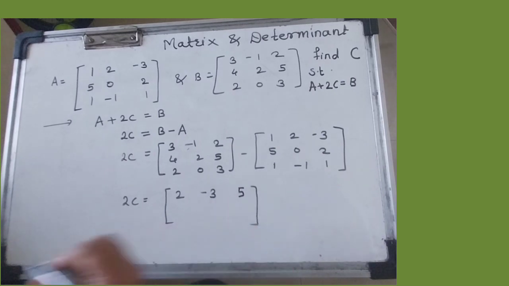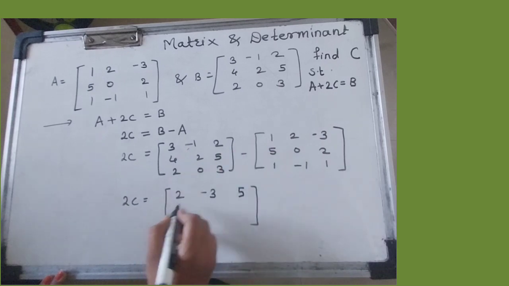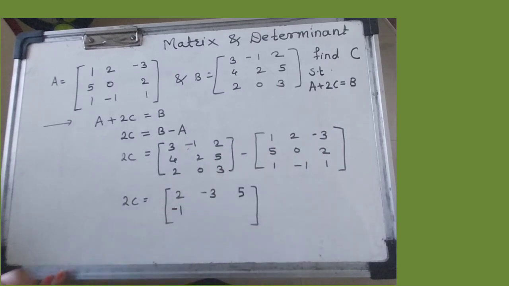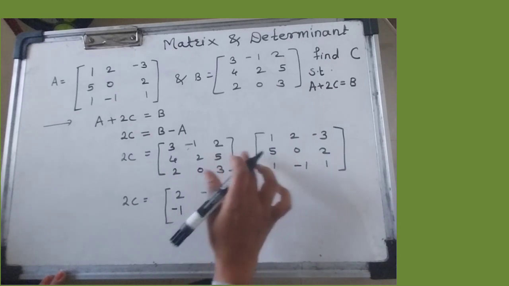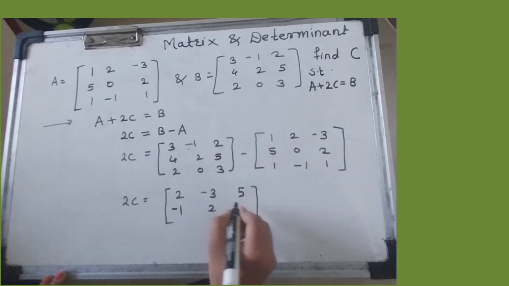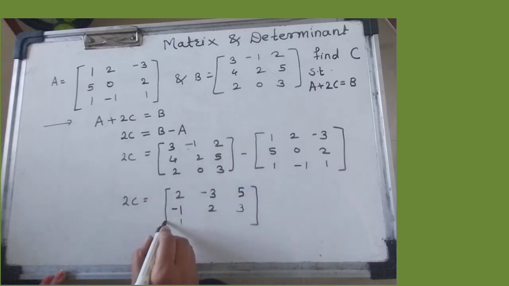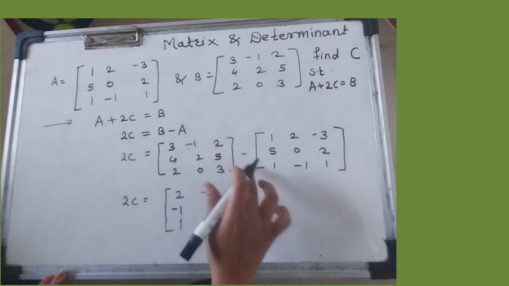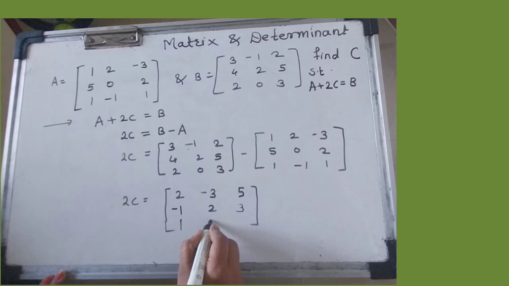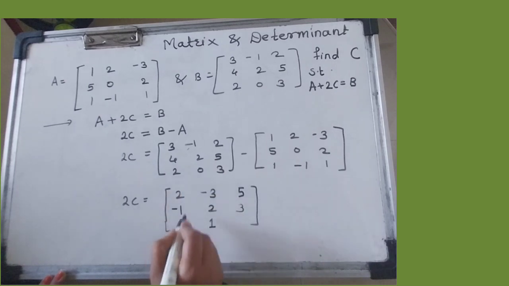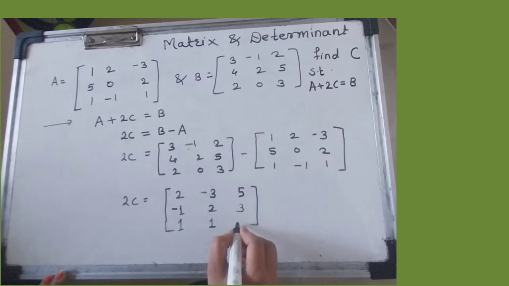Now second row: 4 minus 5, so it is minus 1. 2 minus 0 is 2. 5 minus 2 is 3. 2 minus 1 is 1. 0 minus minus 1, so minus becomes plus, it is 1. Again the last number, 3 minus 1, so it is 2.